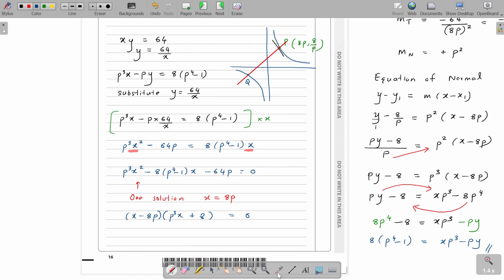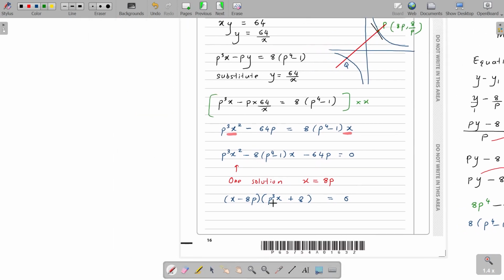Can you see? You can open this on the side and see whether you are actually getting that answer. Because the middle terms we did not check, right? But it should come. Obviously it will come, but you can double check to verify. Minus 8p into p cube x is minus 8p to the power 4 x. Are you with me? Last term minus 8p into plus 8 is minus 64p. Are you with me?